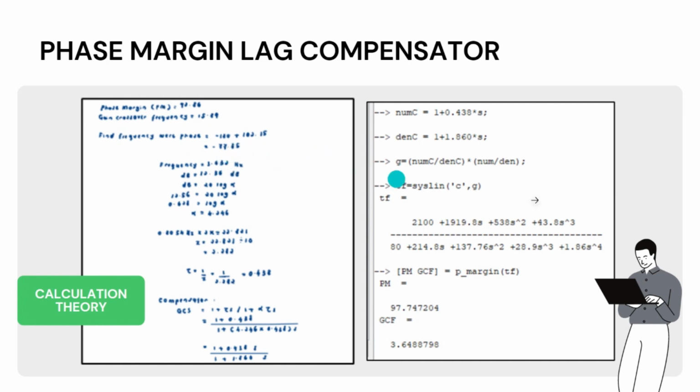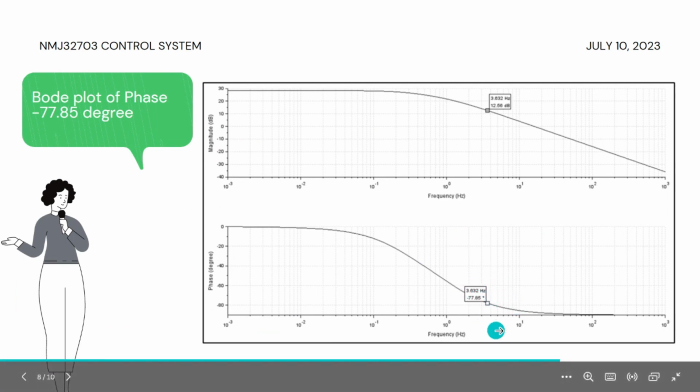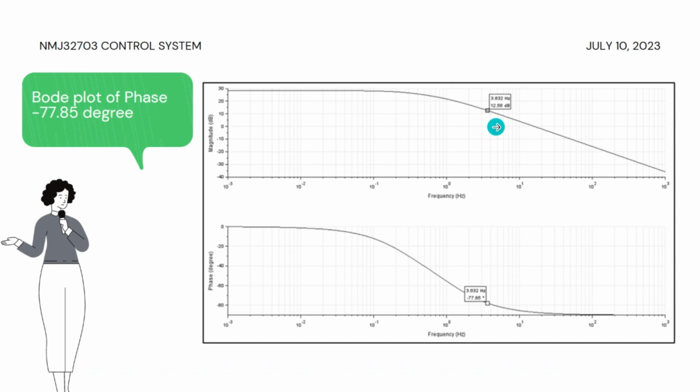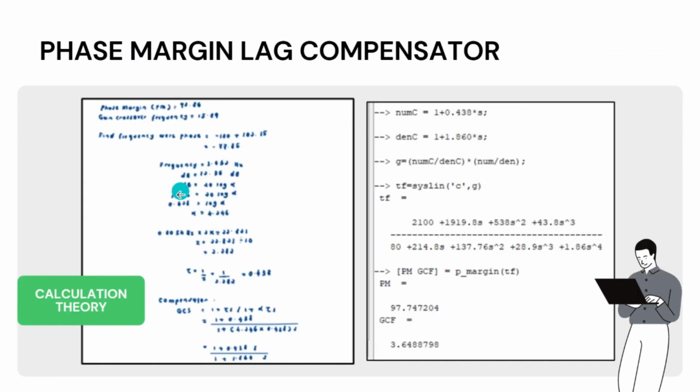In this part we need to plot the frequency at the phase where the value is negative 77.86, and we got the new frequency, which is 3.032.